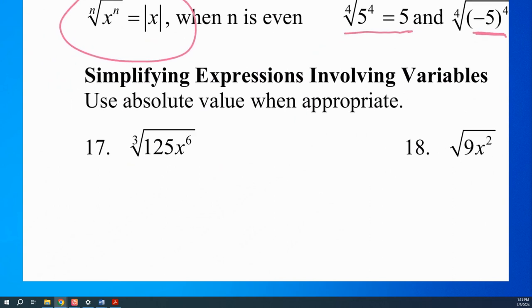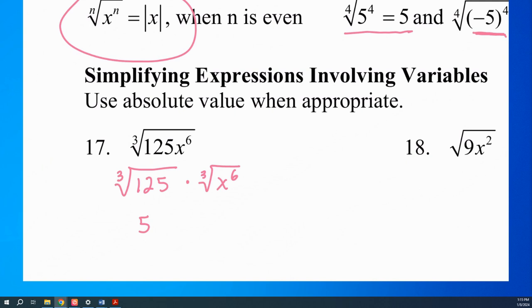All right, so here, one thing we can do is split this up. We can split this up into the cube root of 125 times the cube root of x to the 6th. Is 125 a perfect cube? Yes. What is the cube root of 125? 5.